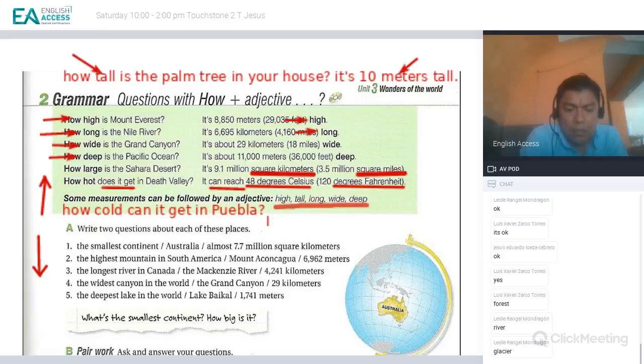It can get, okay, let's say minus 10 degrees Celsius.